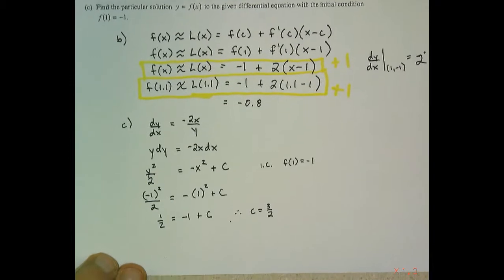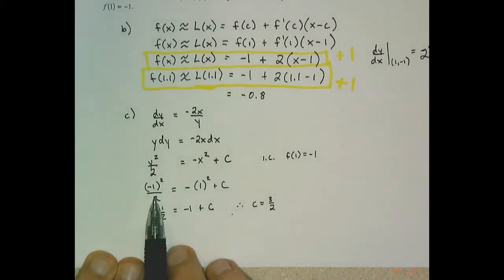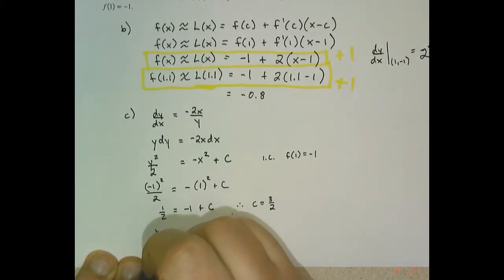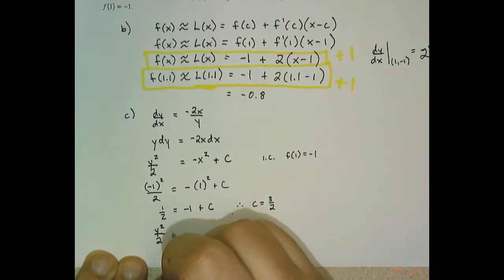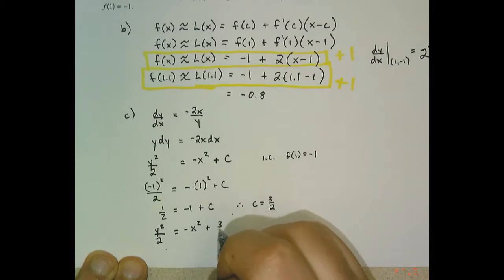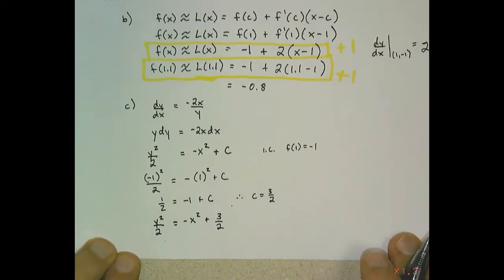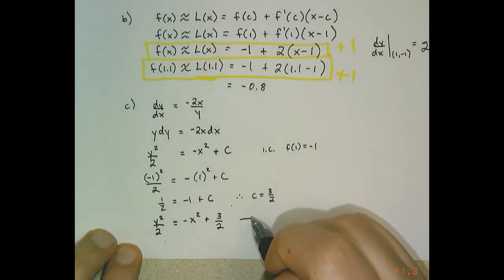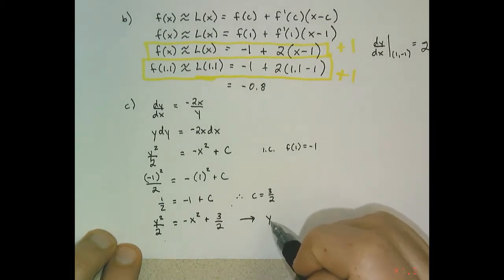So we found our c value by plugging these in, doing the algebra. So our path to our particular solution now looks like this, and our goal is to solve for y. So solving for y, the first step I'm going to take is multiply both sides by 2.